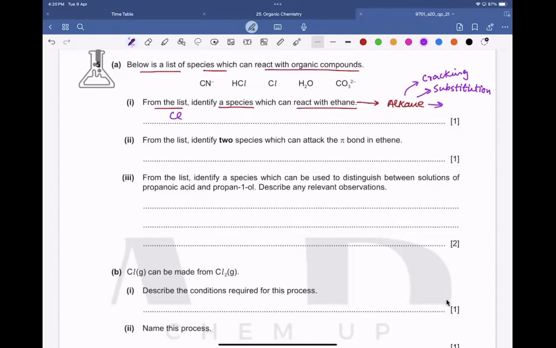So these are the things: hydrogen halides such as HCl being added to alkene, water being added to alkene, and hydrogen being added to alkene. So HCl and water would be the answer. Yes, is this clear to all of you? Okay.